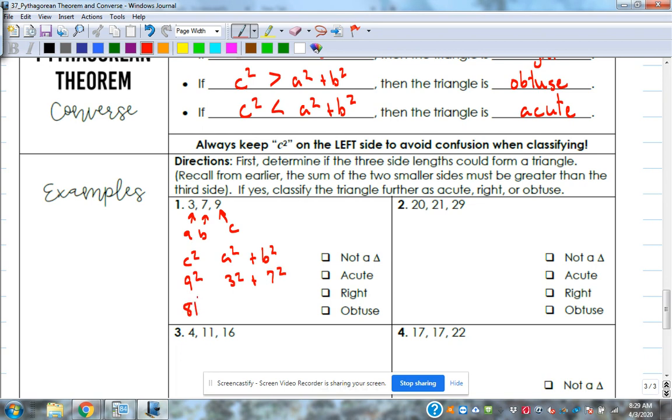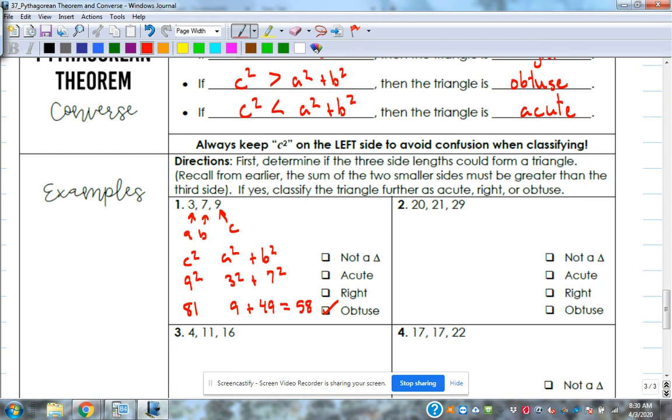So 9 squared is 81, 3 squared is 9, 7 squared is 49, and so 9 plus 49 is equal to 58. So 81 is greater than 58, so that's an obtuse triangle.